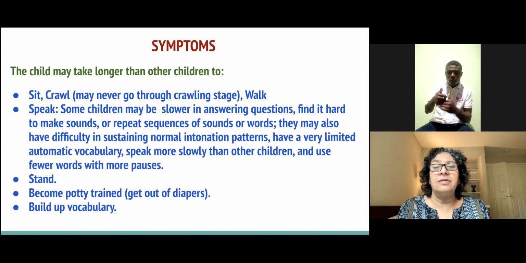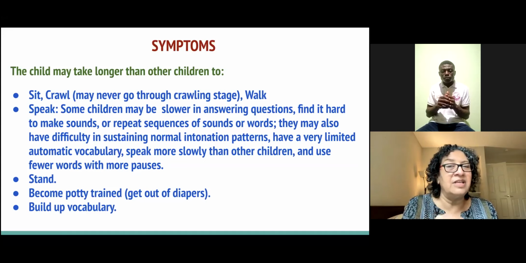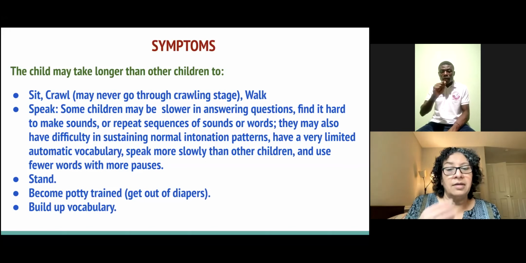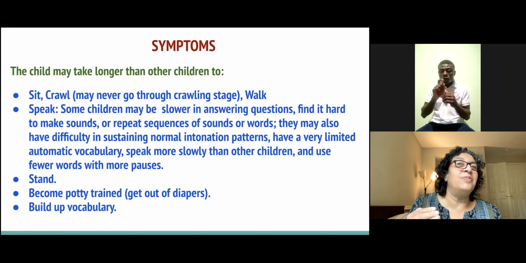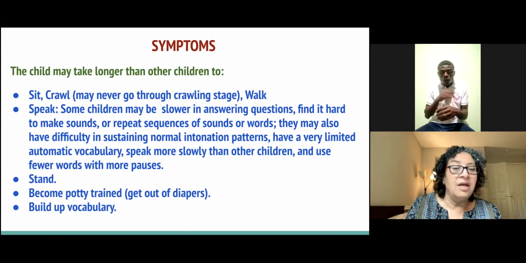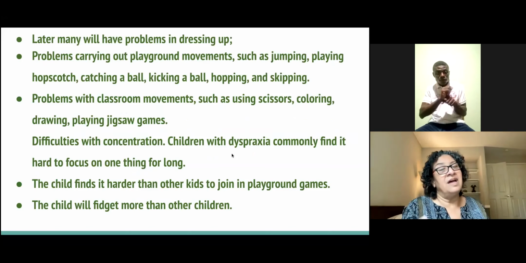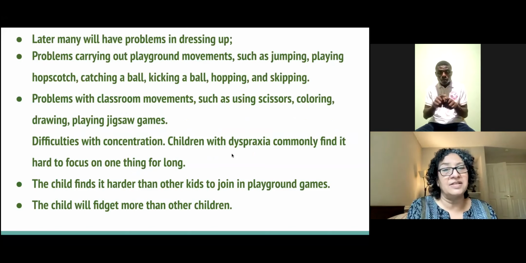So again, these are all related to dyspraxia or the perceptual motor coordination skills. They may take a little longer to be completely potty trained. All these things are signs and symptoms of dyspraxia.